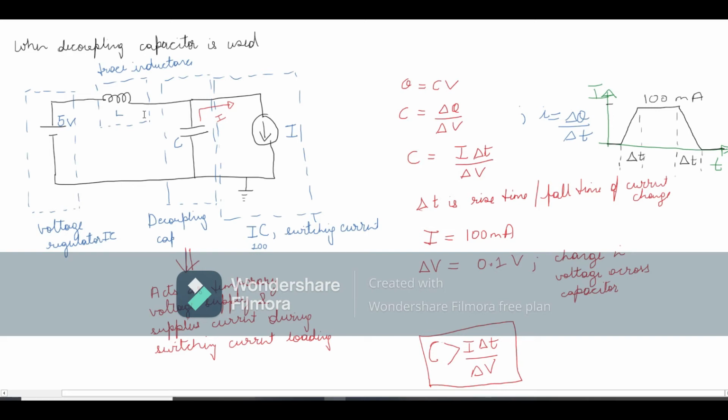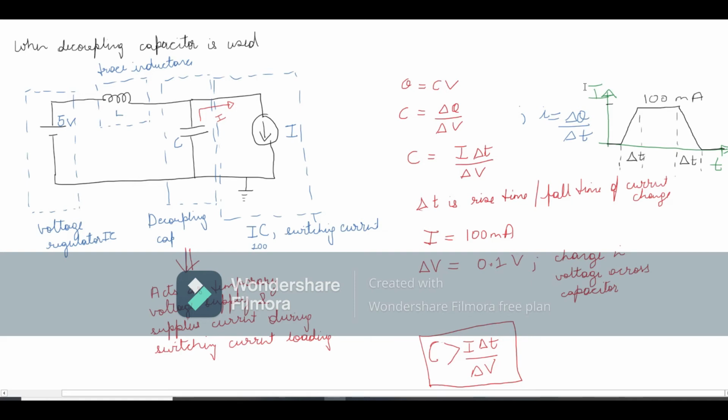How do we choose the capacitor value? We know Q equals CV, C equals dQ by dV, and we know I equals delta Q by delta T, therefore C equals I delta T by delta V. I is the current drawn from the VIN pin, that is 100 milliamps.